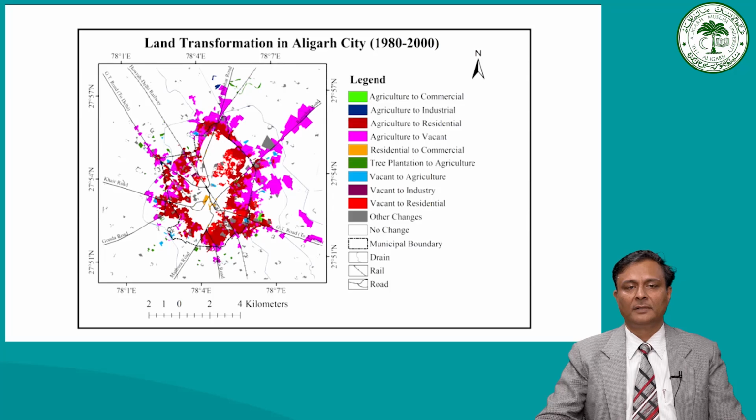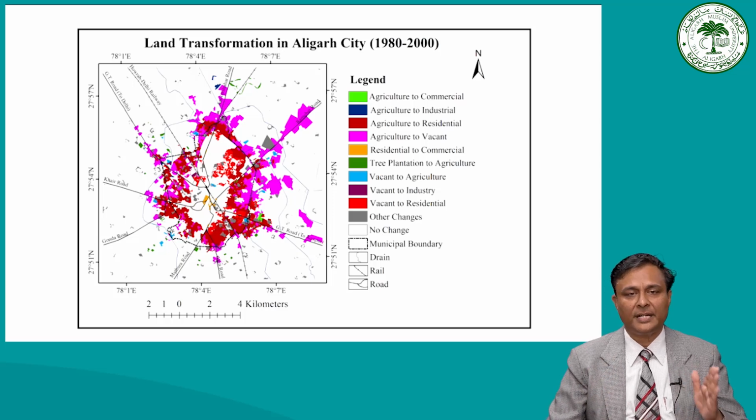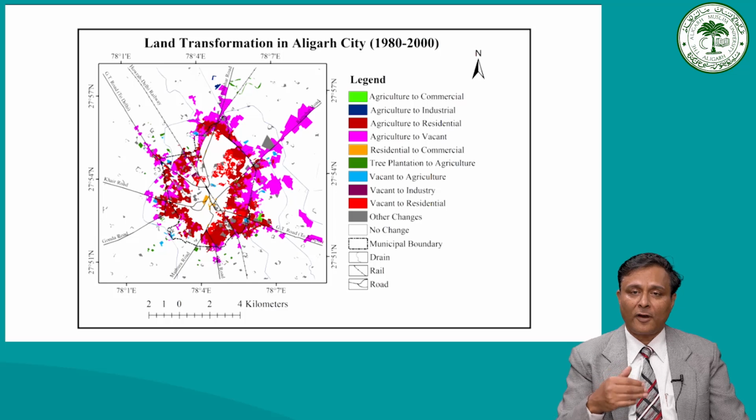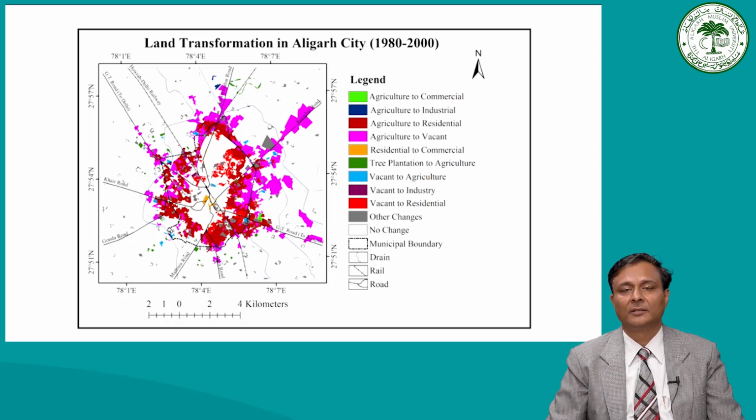Now what happens? This is the land transformation. We have three time period data, 1980, 2000 and 2020. This example is about overlaying different time period land use maps, and by overlaying these maps, we are trying to assess and present the change. We call it change detection by overlaying.